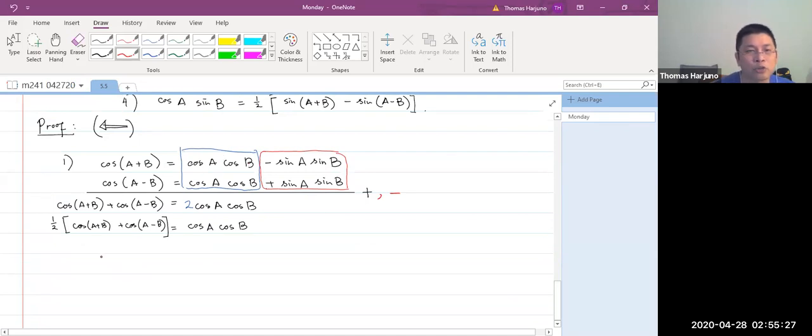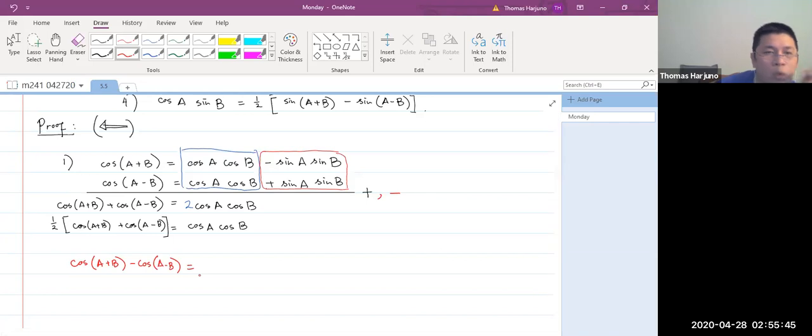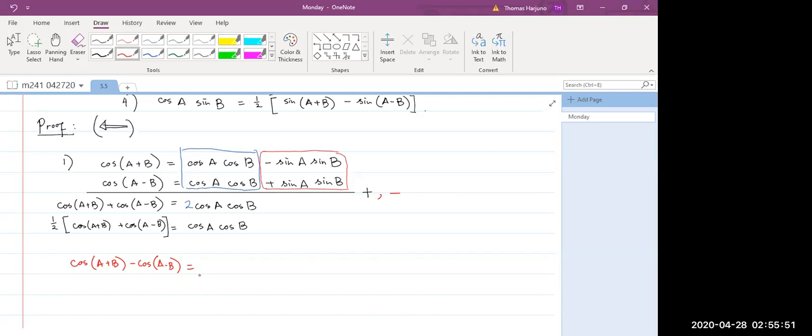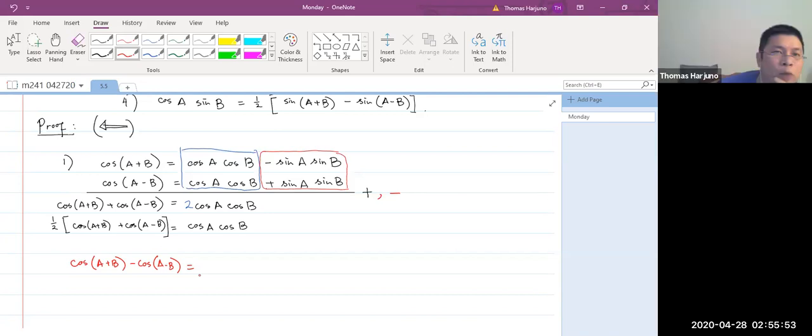Okay, if I subtract, I will get cosine A plus B minus cosine A minus B on the left-hand side. Now, when I subtract, what happened to the blue box? They cancel out. That's right. The blue box will cancel.